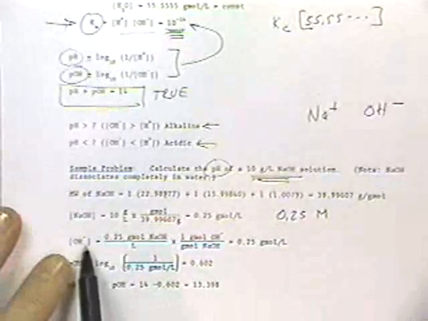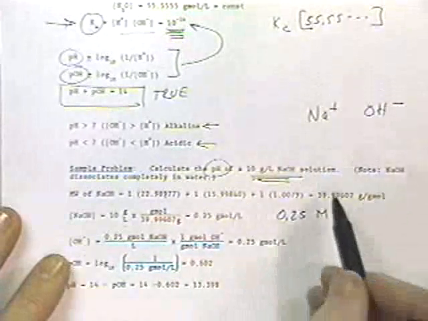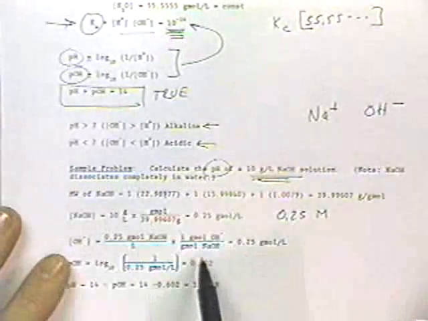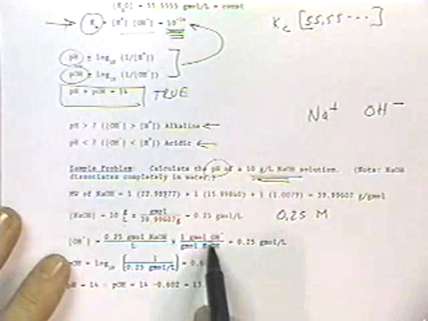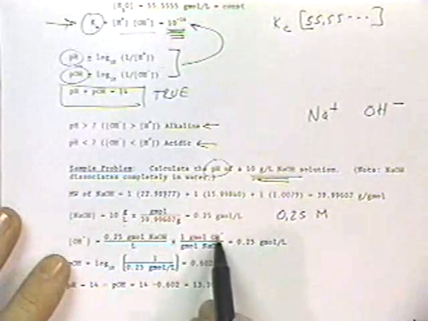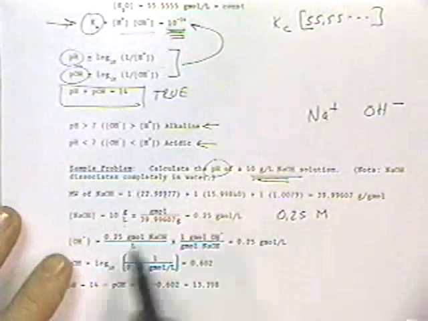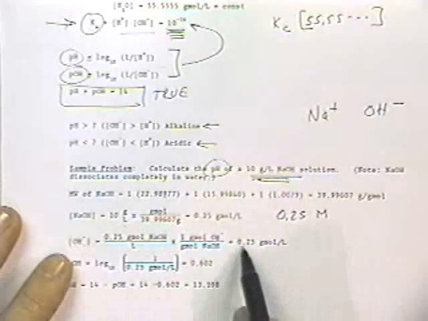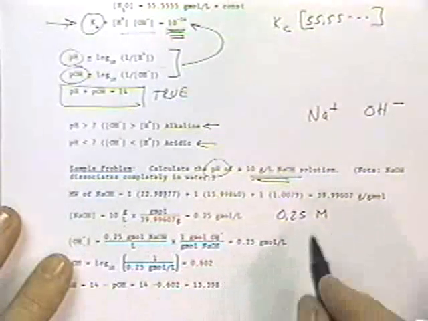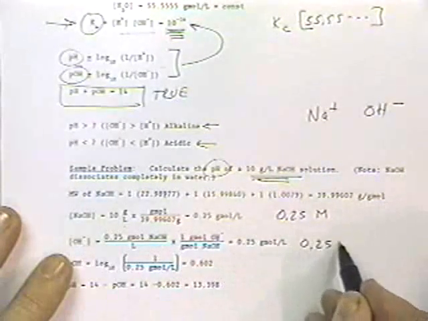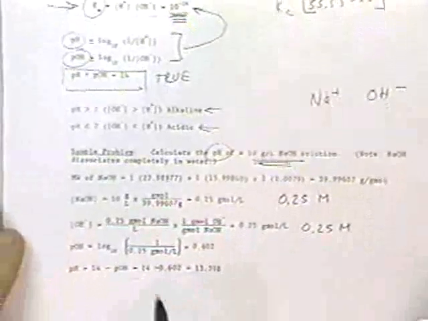Then we look at the hydroxide concentration. We said that it completely dissociates, so that means for every gram mole of sodium hydroxide, there's 1 gram mole of hydroxide ion. So the hydroxide ion concentration is also 0.25 gram moles per liter, or you could say it's 0.25 molar.